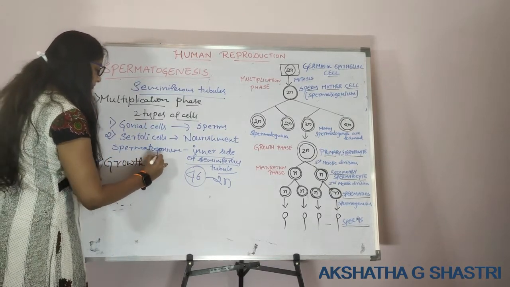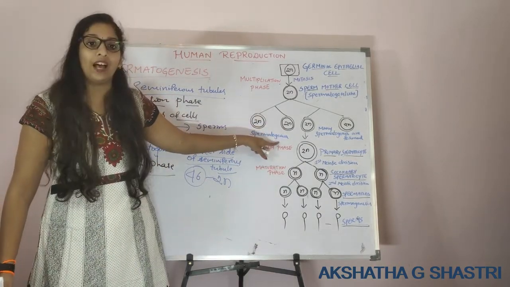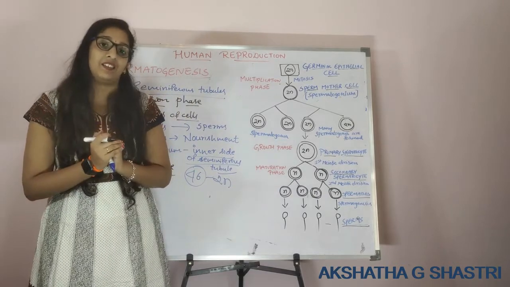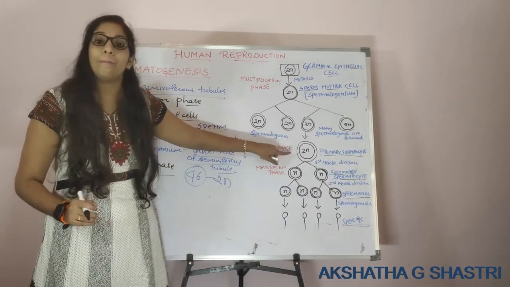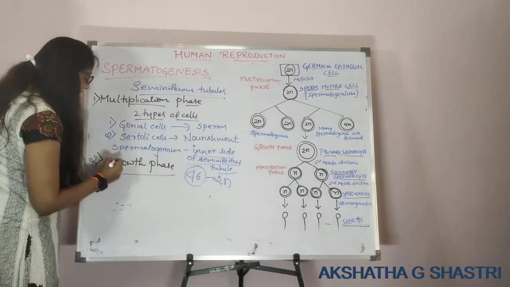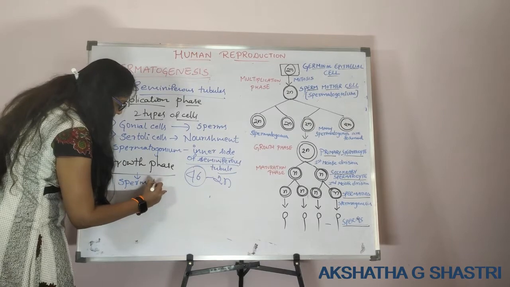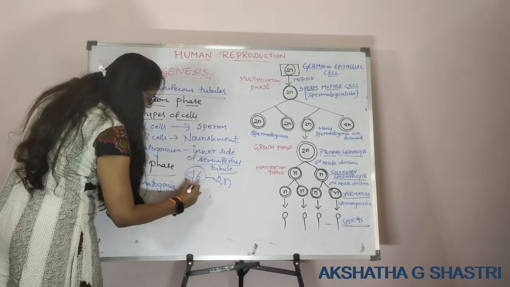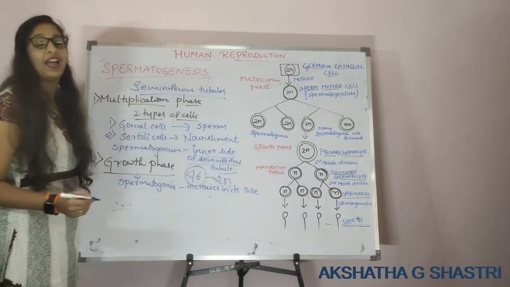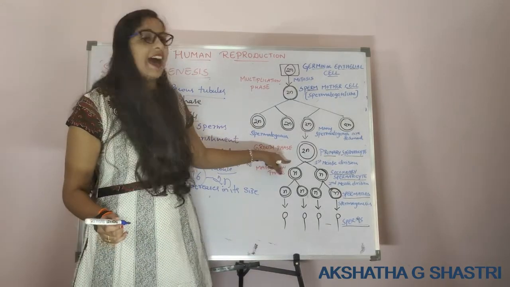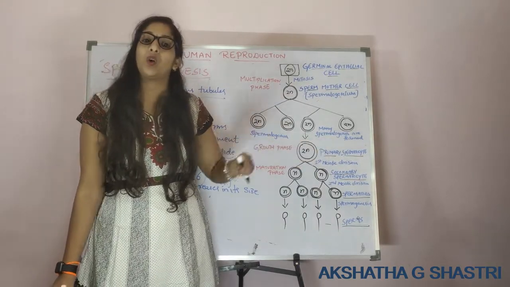Growth phase. See here, this spermatogonia grows, and the resultant is said to be the primary spermatocyte.